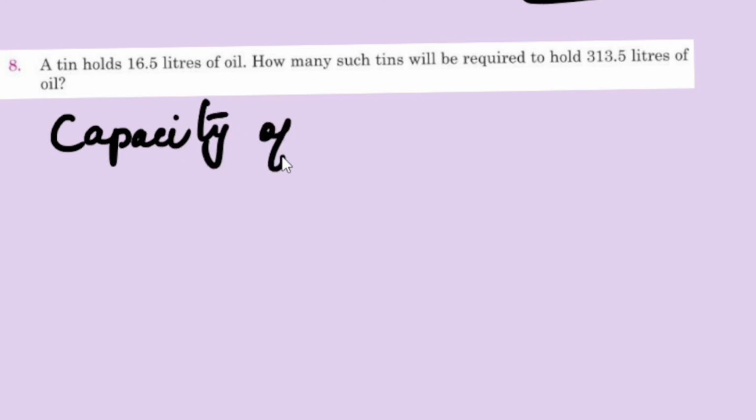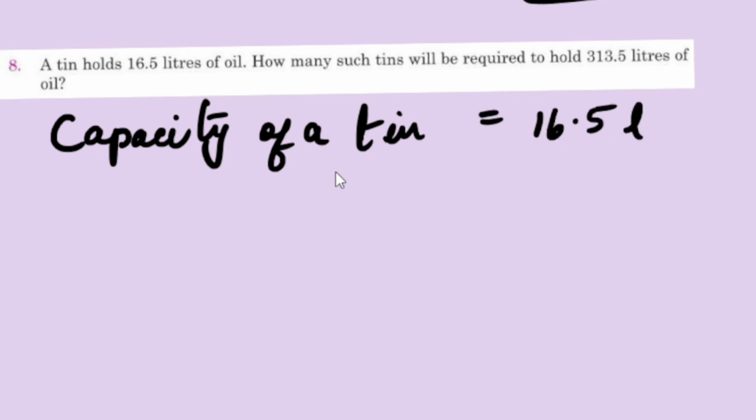Which operation we have to do here? Division. So this 313.5 we have to divide by 16.5. Frame the statements and do. So the capacity of a tin is given as 16.5 liters.